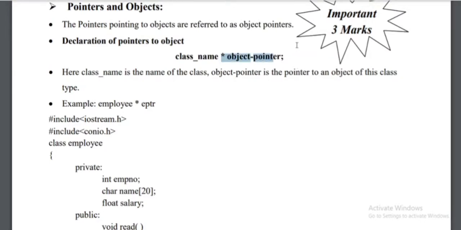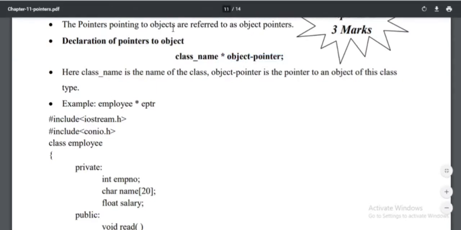Then we refer to the object pointer, that means an object belonging to that class, which is pointing to a particular object of that class. So the pointer which is pointing to an object is referred to as an object pointer.